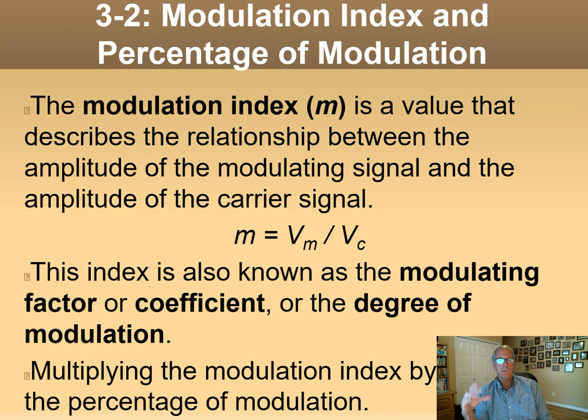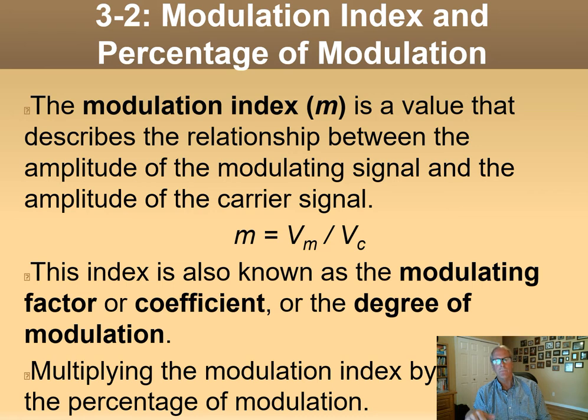We use certain techniques called compression in the audio realm to keep that modulation voltage low enough not to exceed VC to prevent that distortion. Okay, so the process of doing that compression will prevent the peaks of those values from going over the carrier voltage.